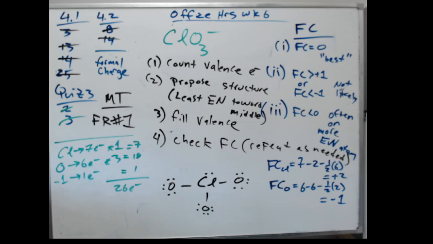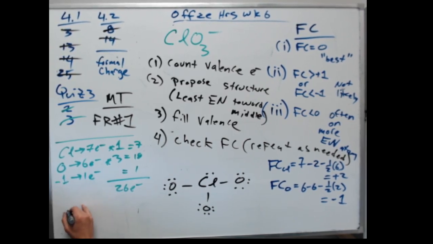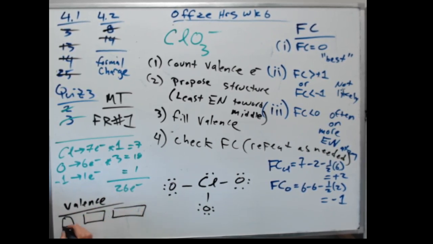Now, here's a little reminder trick that we can use to predict what kind of bonding structure chlorine is likely to have. If we think about the valence shell of chlorine, because the formal charge thing is essentially doing a valence shell check, chlorine is a 3s. Is it 3s or is it 4s? Chlorine is 3s. Okay.